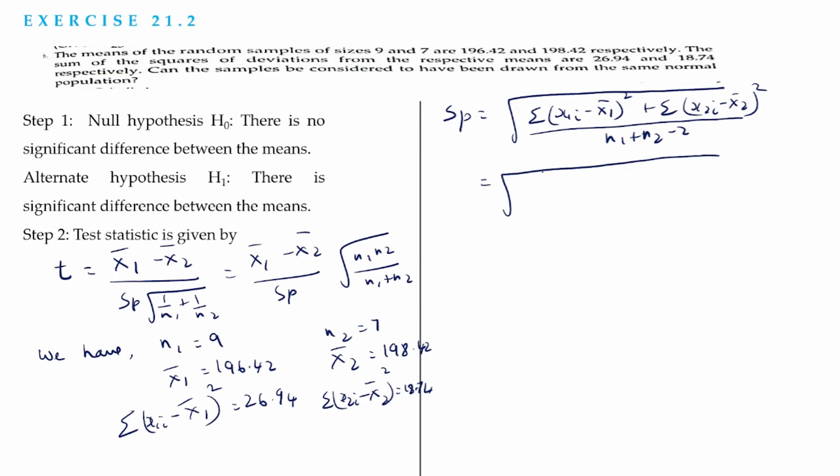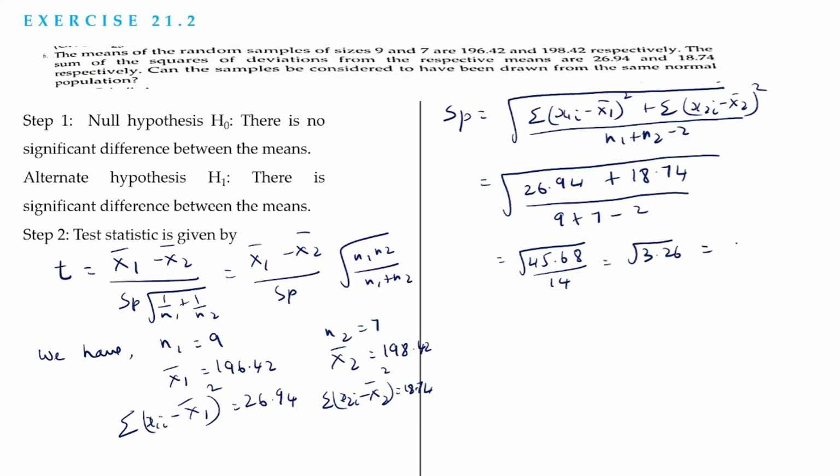So this is equal to root of (26.94 plus 18.74) upon (9 plus 7 minus 2). So this is equal to root of 45.68 upon 14. So it is root of 3.26, which is approximately equal to 1.8.